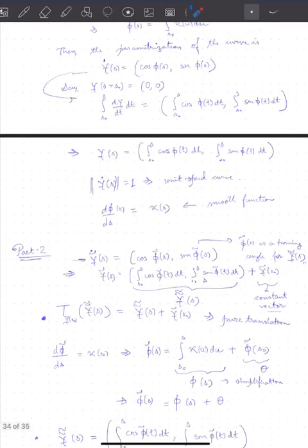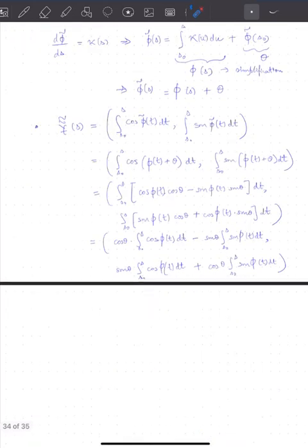Again, the integral from s naught to s of sine phi of t dt, which comes here.